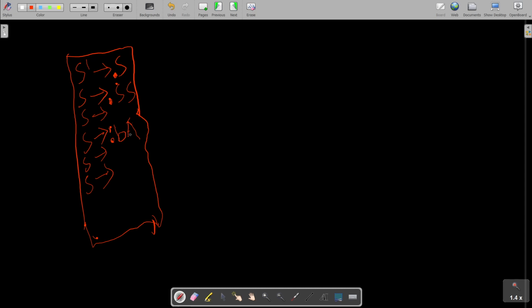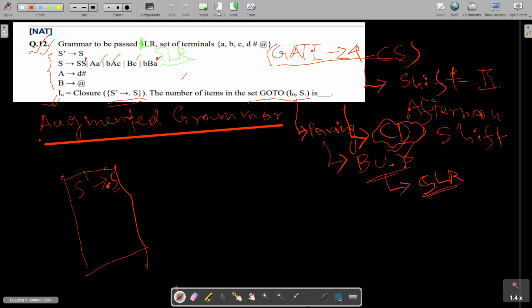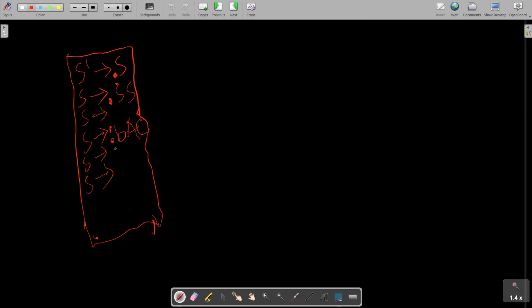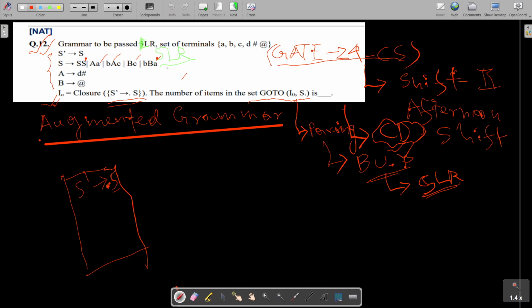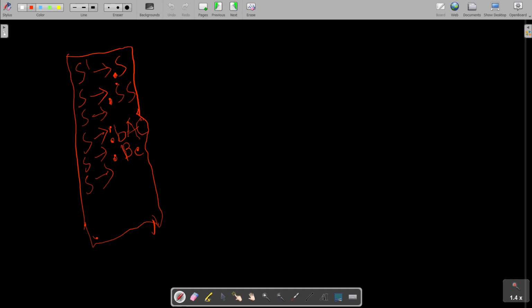So B A C, like this it was there. Small b a c, capital A small a, then capital B small c, capital B small c. And what was the previous one? Sorry, previous, yes. It was capital A, small a. So capital A dot with dot. Don't forget to write the dots.